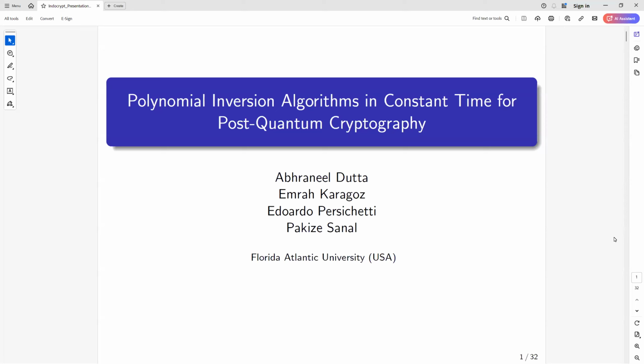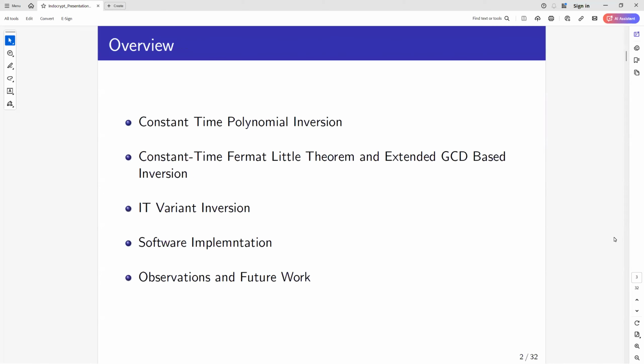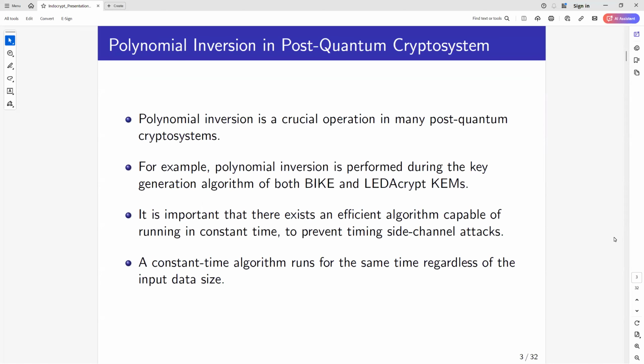Okay, so we will talk about polynomial inversion algorithms in constant time for post-quantum cryptography. Polynomial inversion is a very crucial operation in many cryptosystems like BIKE and LEDACrypt, especially during their key generation phase, and it is a very costly operation.